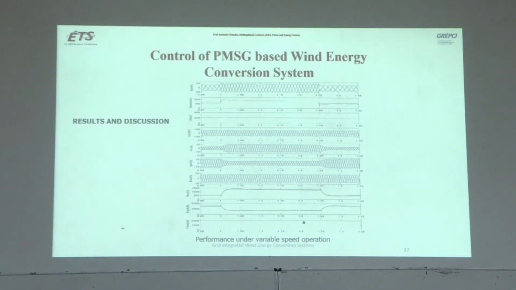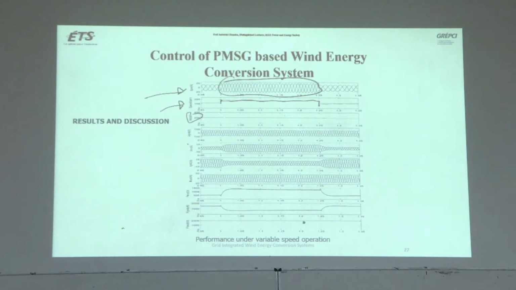Now there are a lot of results and those things, just to show that this is the speed in RPM of the generator. At that time your speed is increased, so you see the currents of the generator are increased and the frequency is increased.